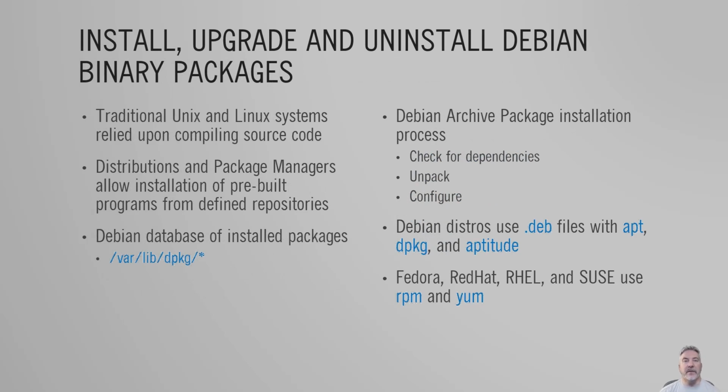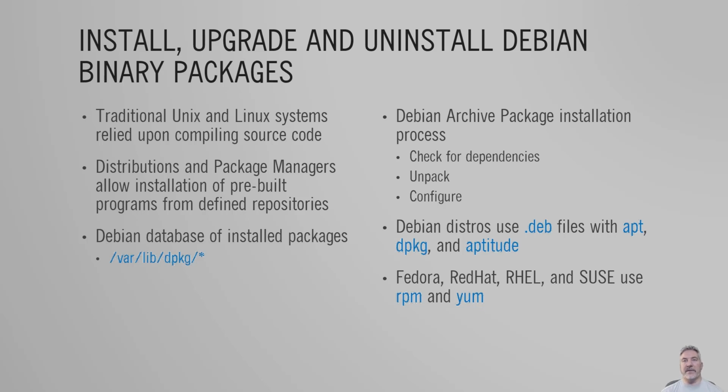So in the old days, source code had to be compiled, and it was a little bit messy, a little bit difficult. So package management systems came along with Linux that made life a lot easier. The Debian tools have been around perhaps a little bit longer than some of the tools for Fedora and Red Hat.